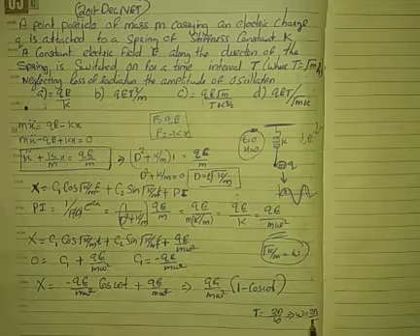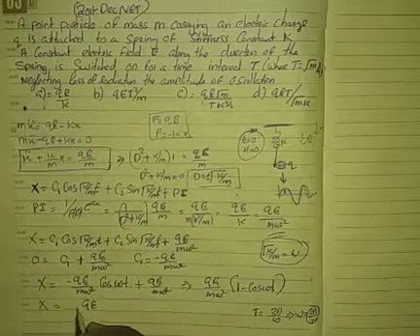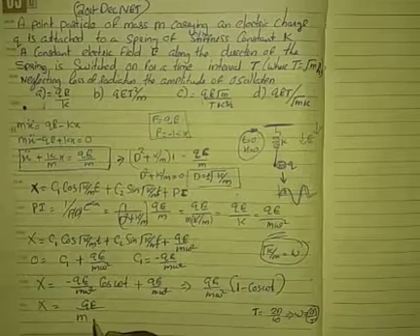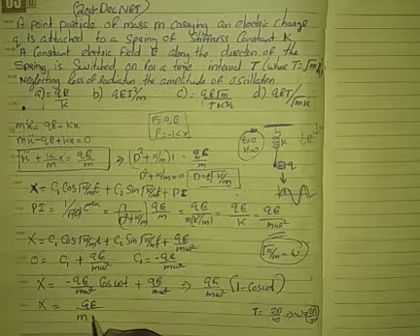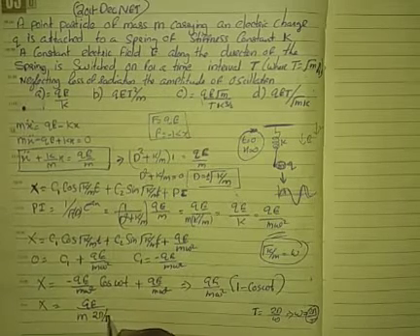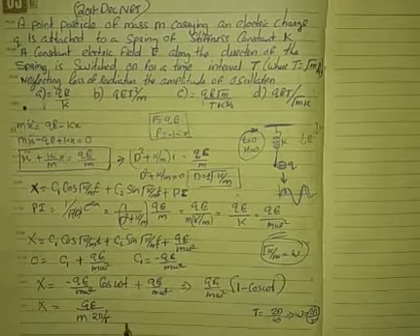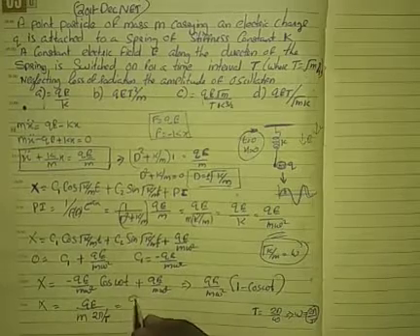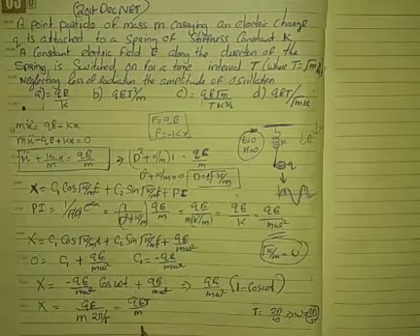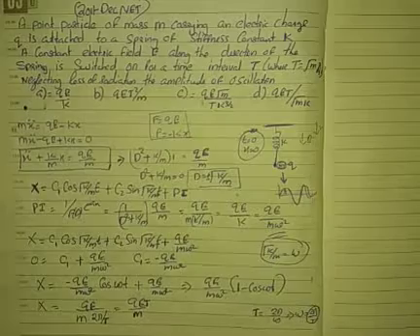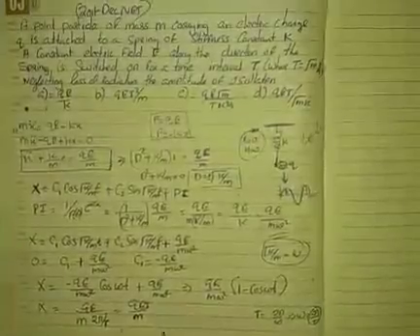So what we can do is substitute for the value of omega, and we will get x equal to QE by M into omega square, which will be 2 pi by T. I made a mistake.